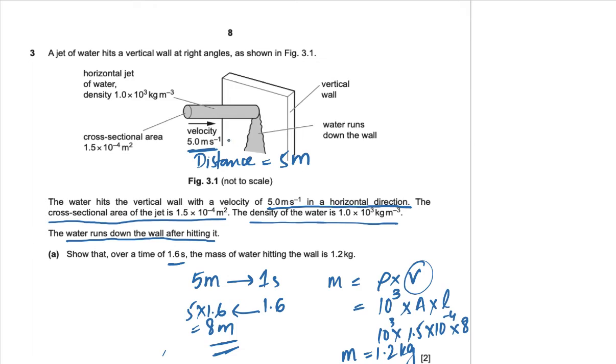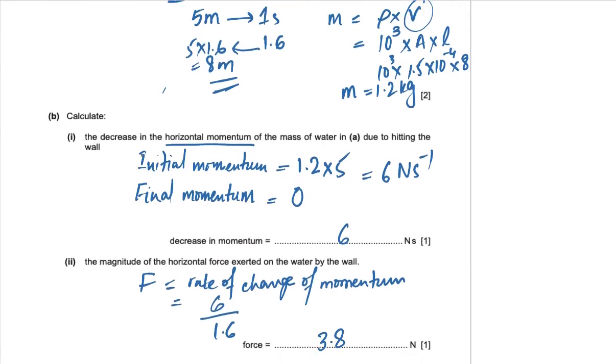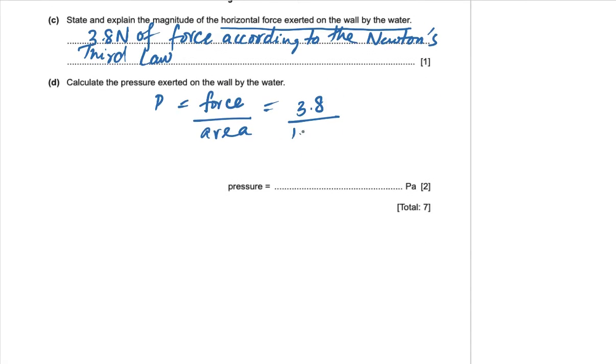Now mind that we are not going to take the entire cross-sectional area of the wall, but only that area that is affected by the applied force, and that's basically the area that the water jet covers, and that's the cross-sectional area of the water jet. So we can use this value for this part of the question. So we're going to write 1.5 into 10 to the power of negative 4. This gives us the pressure that is exerted by the water on the wall equal to 2.5 into 10 to the power of 4 pascals.